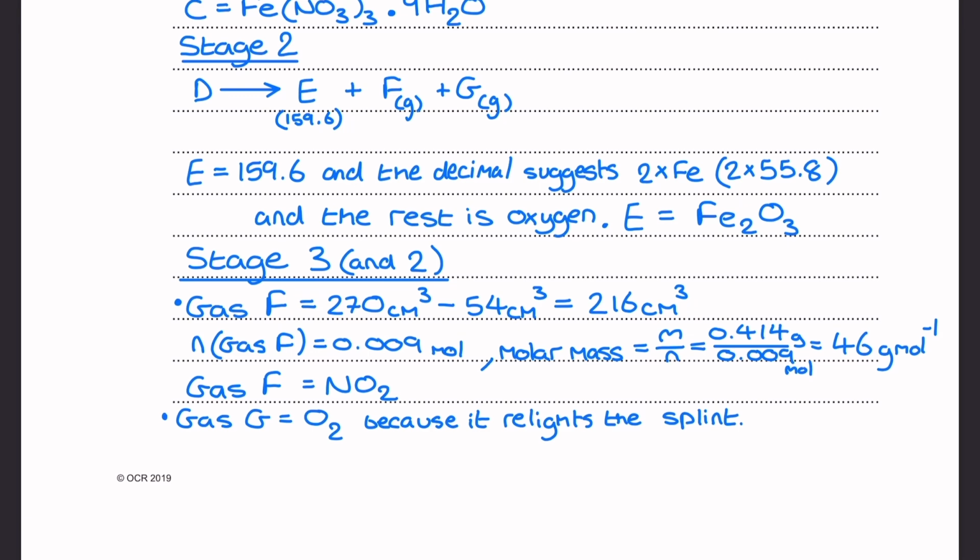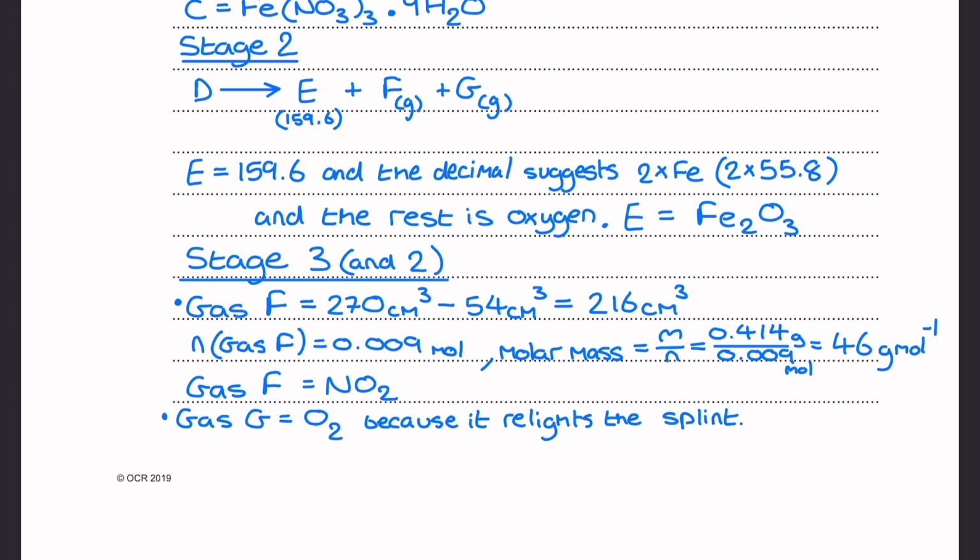Very interesting, because now what I can do is find the molar mass of gas F by doing mass divided by moles, since I'm told the gas condenses to form a liquid which has a mass of 0.414 grams. That gives me the molar mass of gas F equal to 46 grams per mole.